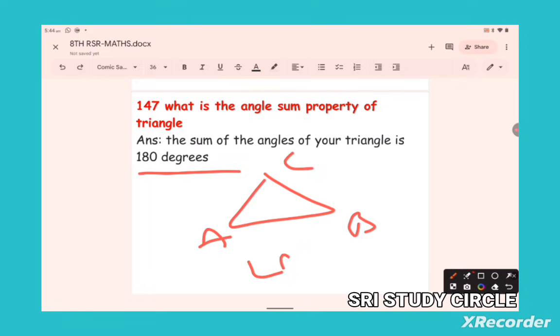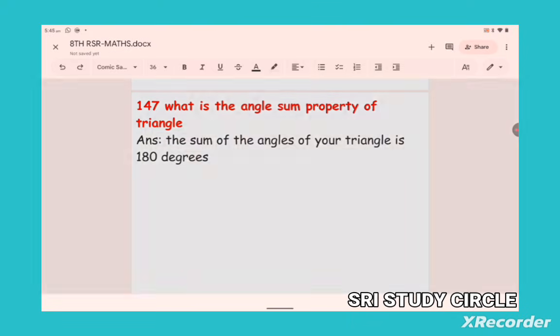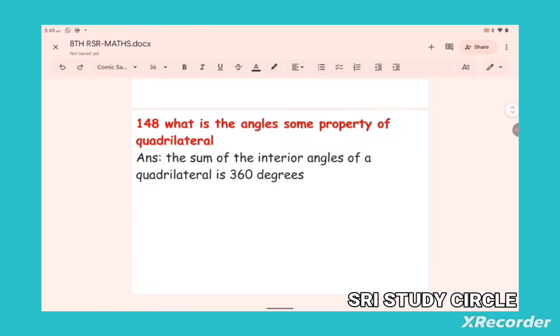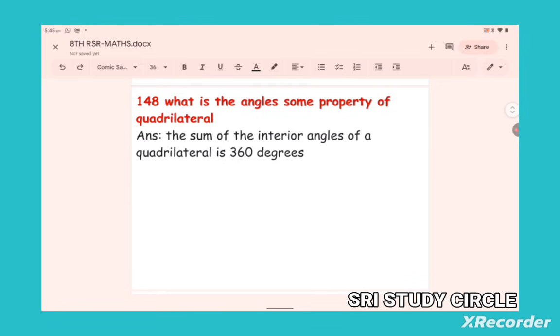So angle A plus angle B plus angle C is equal to 180 degrees. What is the angle sum property of a quadrilateral? The answer is 360 degrees. The sum of all four interior angles of a quadrilateral is equal to 360 degrees.